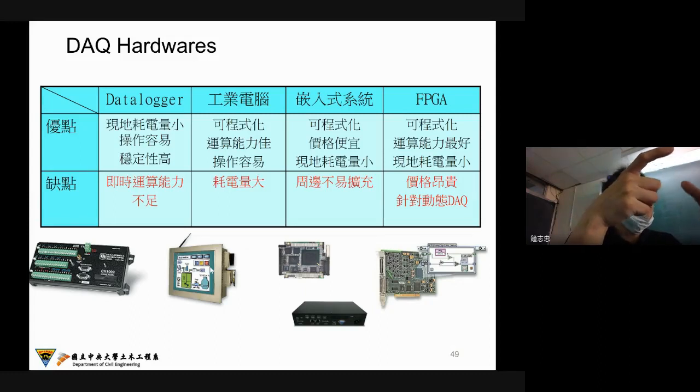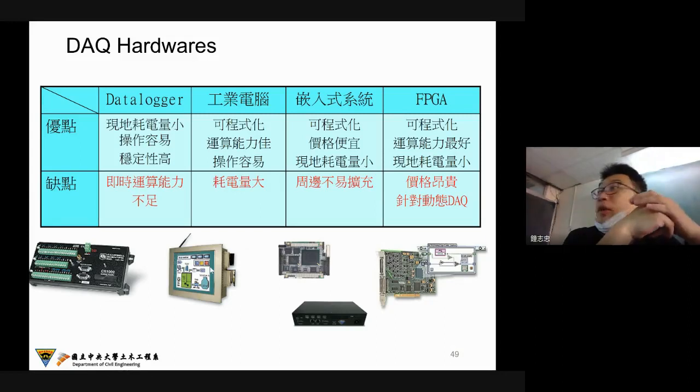So right now the Raspberry Pi, something like this, is what we call a single board computer. And the next is the FPGA.